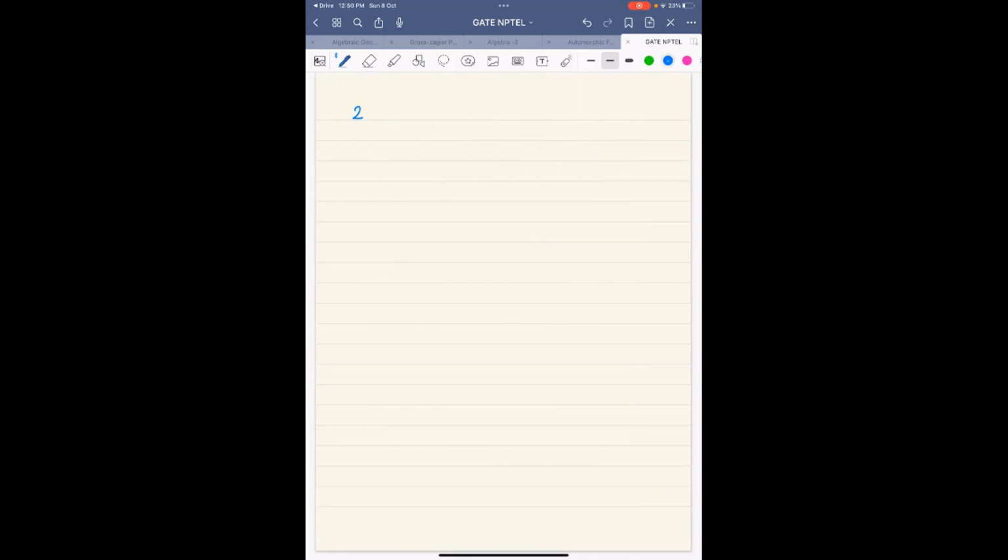So 2 plus square root of minus 17. Let's check statement P first. Let's say that this is not irreducible. So suppose 2 plus square root of minus 17 is reducible.